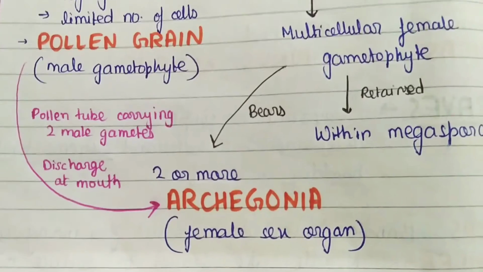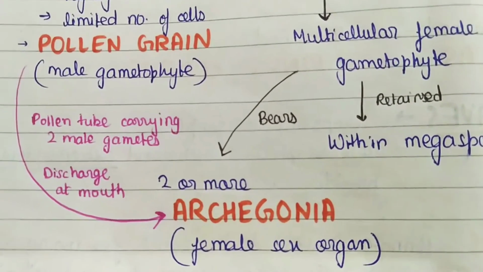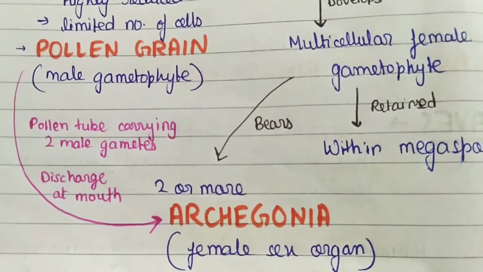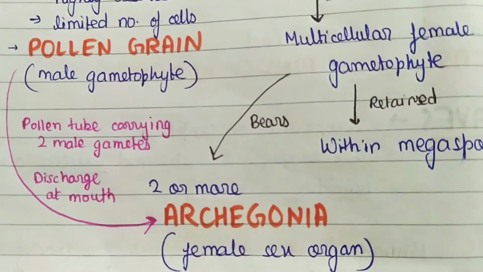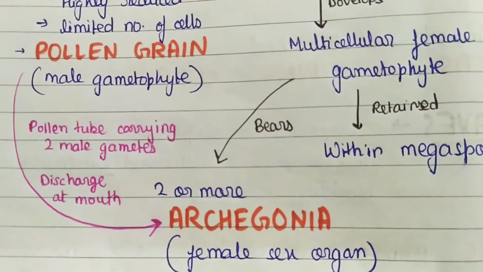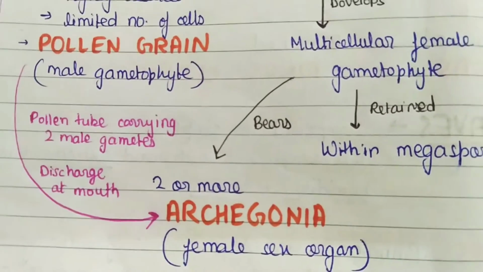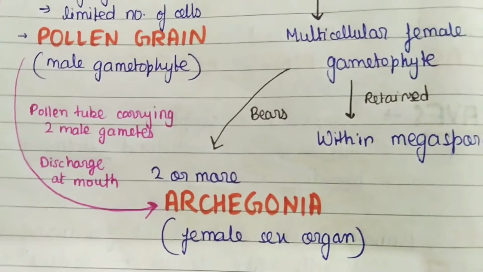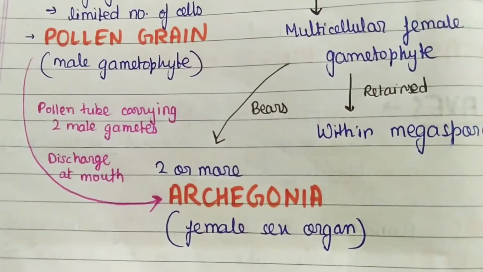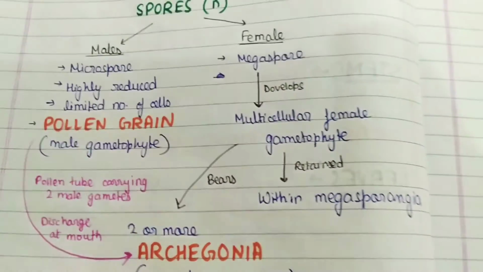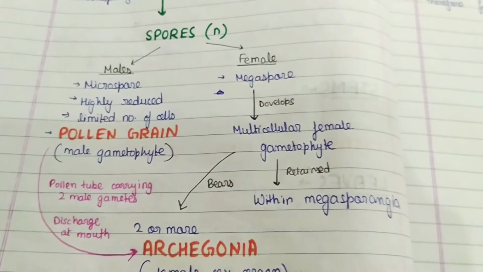What happens is that the pollen grain goes through air currents to the female archegonia. Its pollen tube carries two male gametes. These two male gametes are discharged at the mouth of the female archegonia. So this is how sexual reproduction takes place.